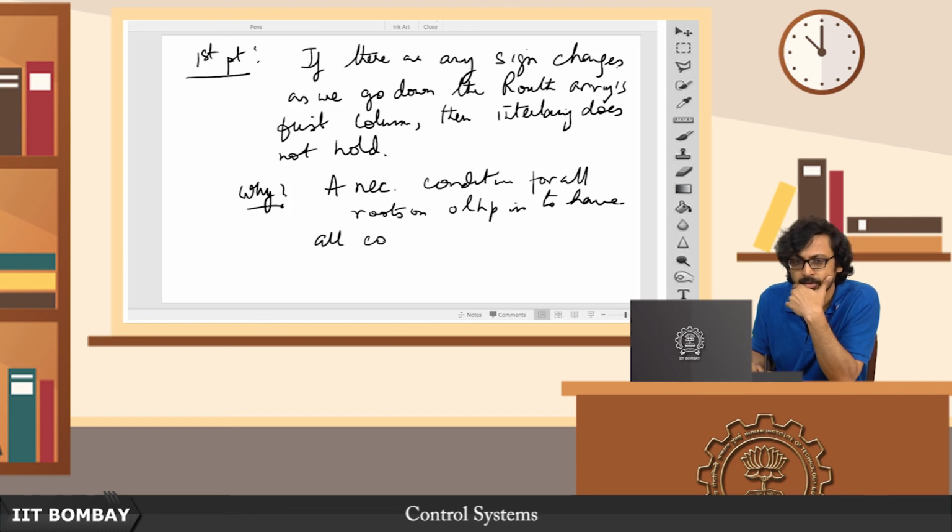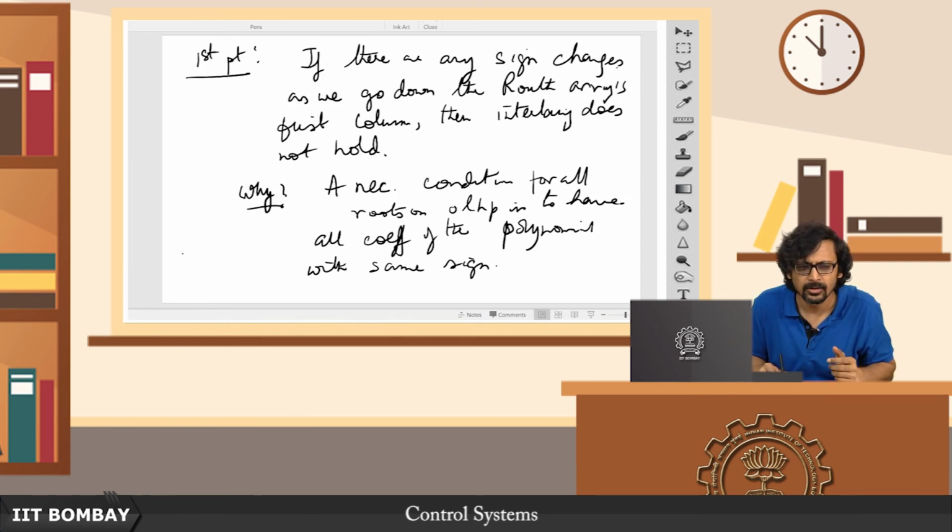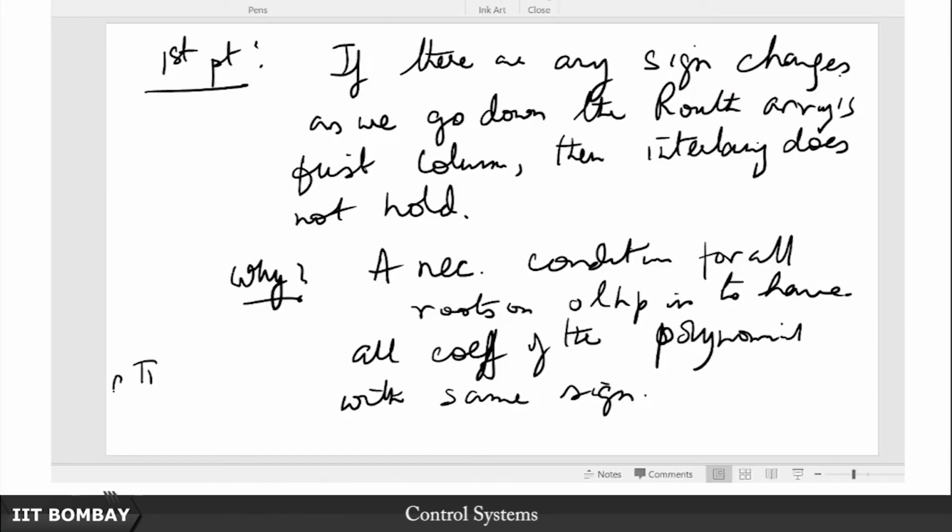is to have all coefficients of the polynomial with the same sign. So either they are all positive or they are all negative. Why so? You just look at the factorization, no? You have this an and then you have s minus pi to the ti.